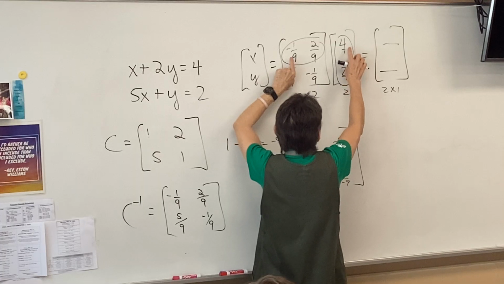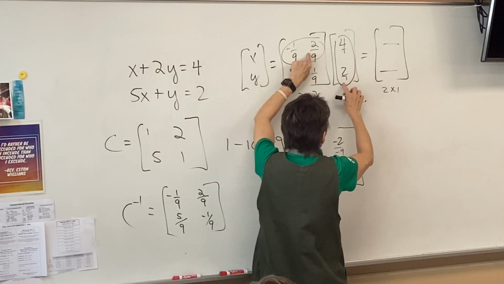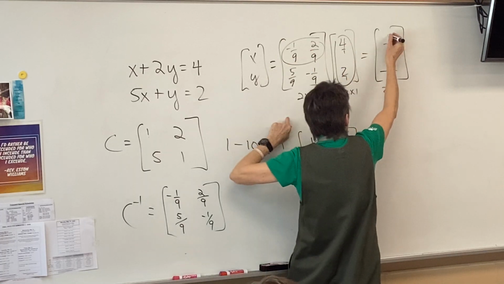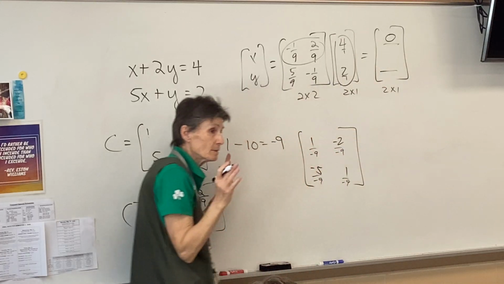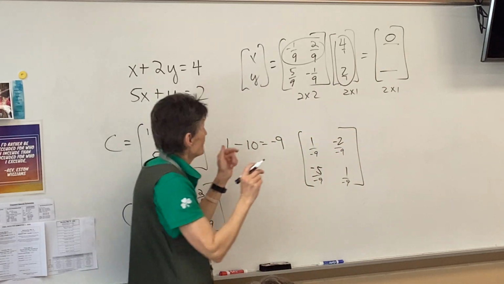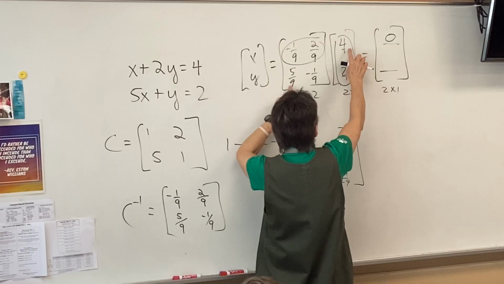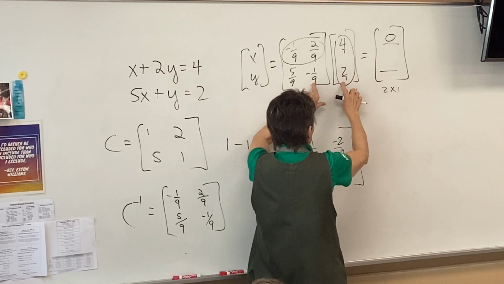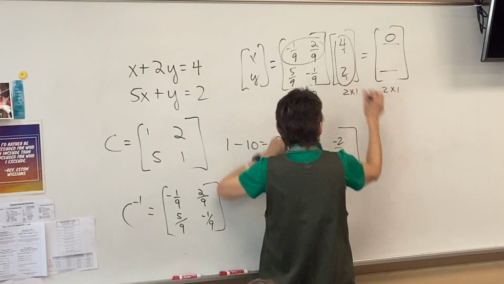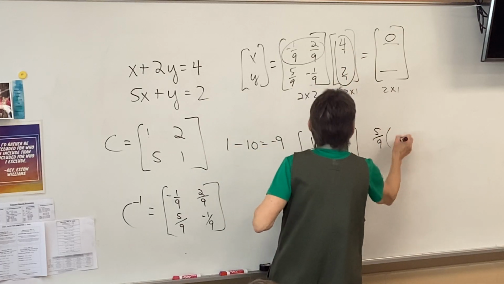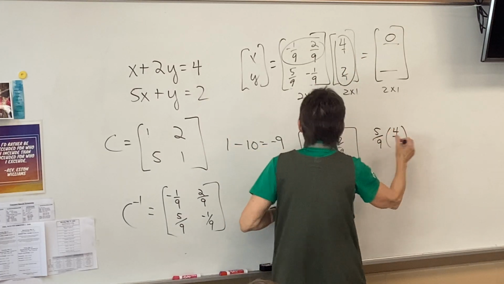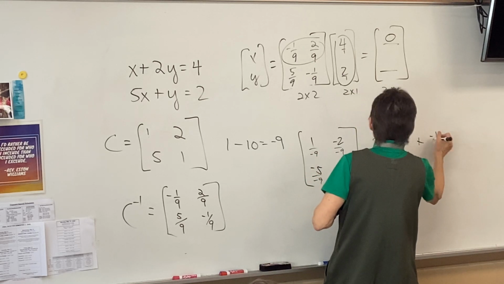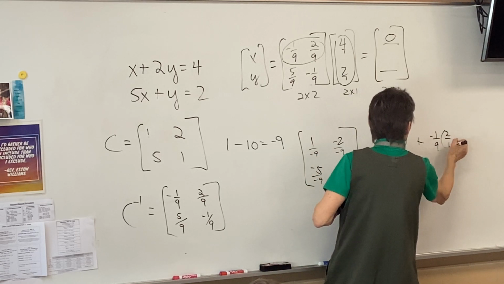So I'm multiplying, so I get negative 4/9 and positive 4/9. That's 0. That's fine. X is 0. And then I have 5/9 times 4 over 1 plus negative 1/9 times 2 over 1.